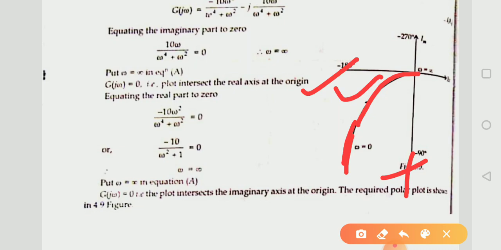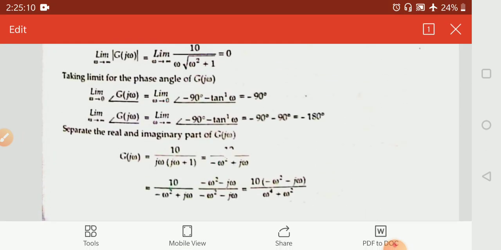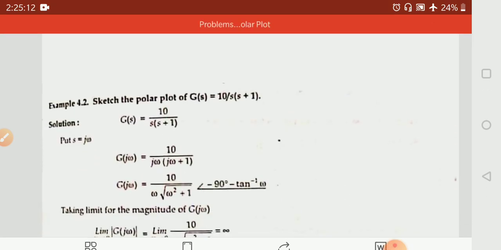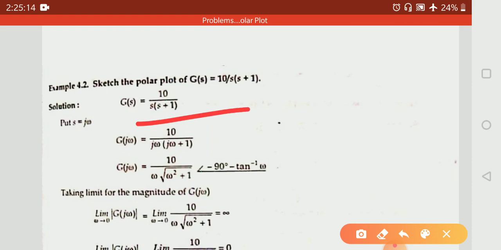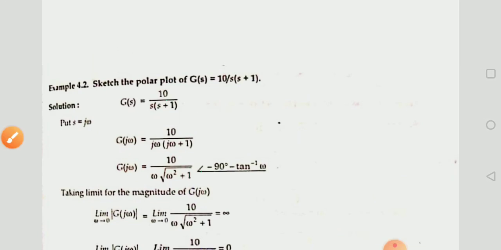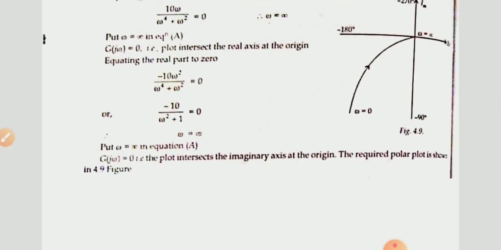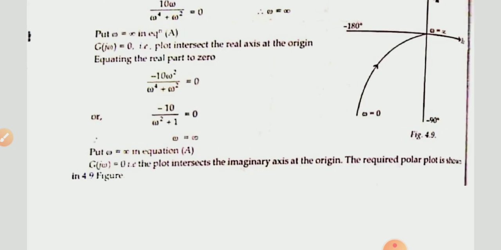Okay, so this is our polar plot for this system, and we can also analyze whether it is correct or not. We can see in the question it is a type 1 system and order 2 system. So here, type 1 and order 2, at which place is this graph?